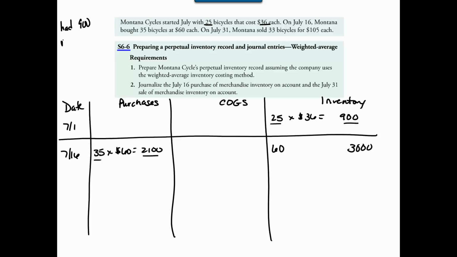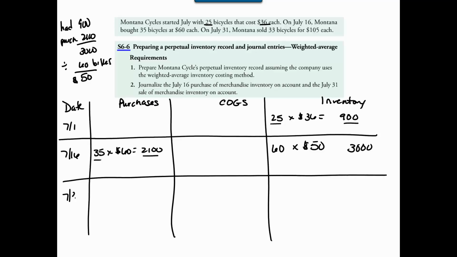I have $3,000 worth of bikes divided by 60 bikes gives me an average of $50 per bike. So I fill that average cost per unit in last.